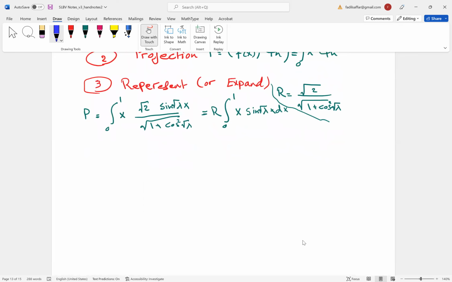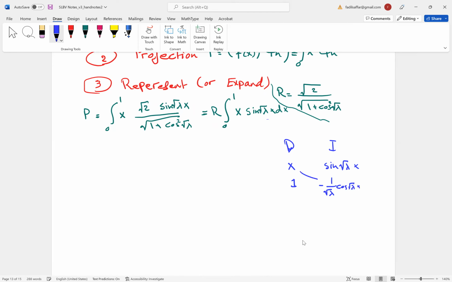So I can just evaluate that simply by integration by parts. So I have x here as the differential part, and this part I'll integrate, so that would be negative 1 over square root of lambda times cosine square root of lambda x.